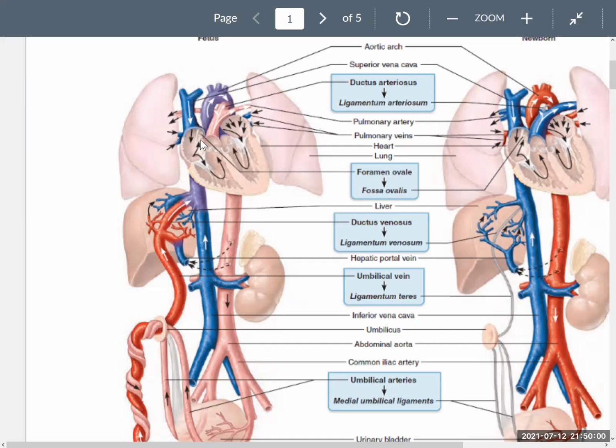Okay, the foramen ovale pushes some oxygenated blood straight across to the left atrium, down through the mitral valve and up through the aortic semilunar valve, and now to the aortic arch.